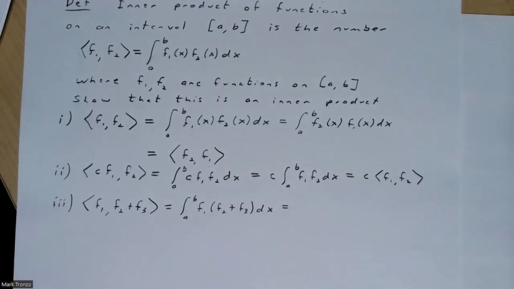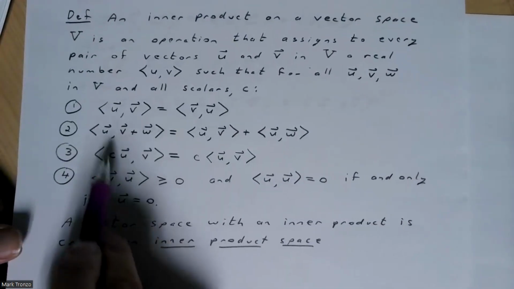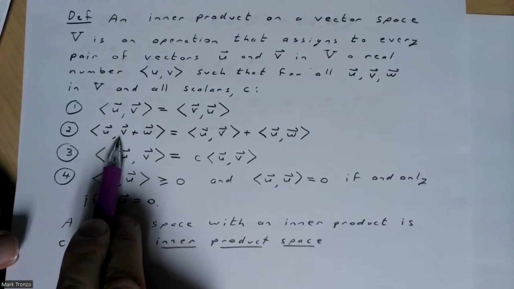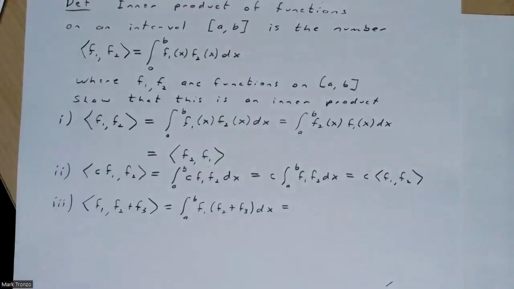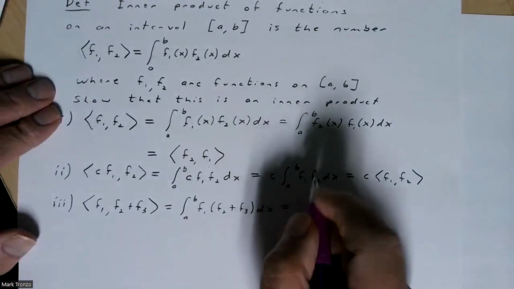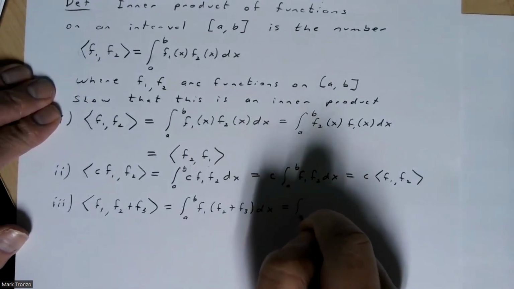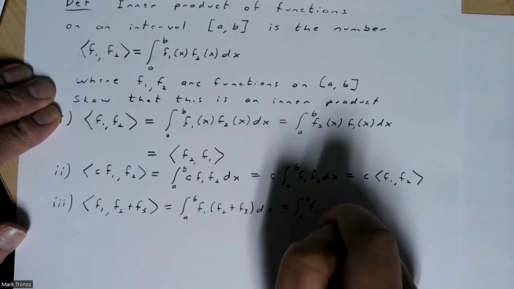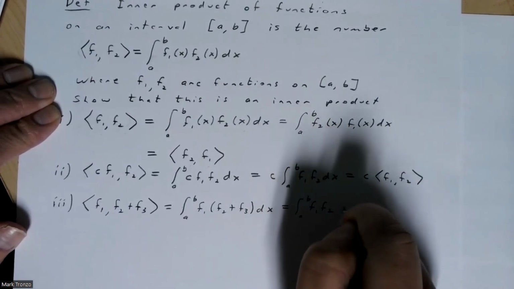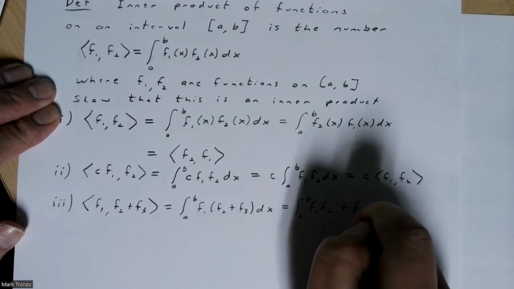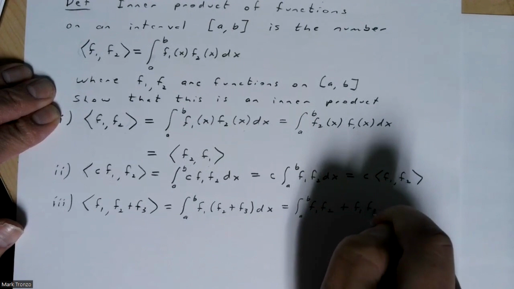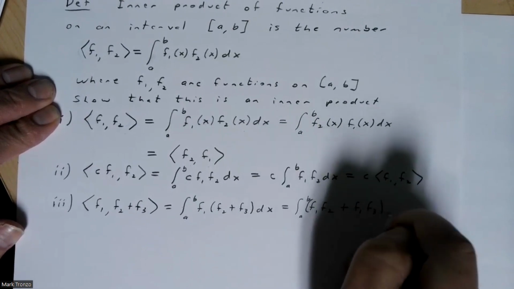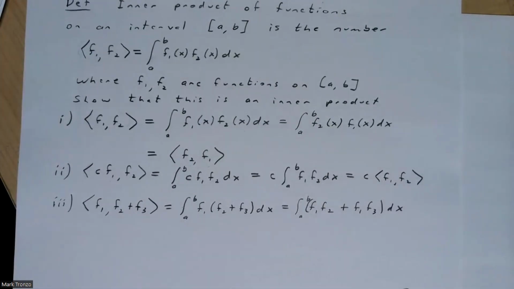And so now remember what we're trying to show with this one. We're trying to show that if we have this inner product with these two vectors, we can break those up. So let's do that. So all I'm doing is just multiplying these through.